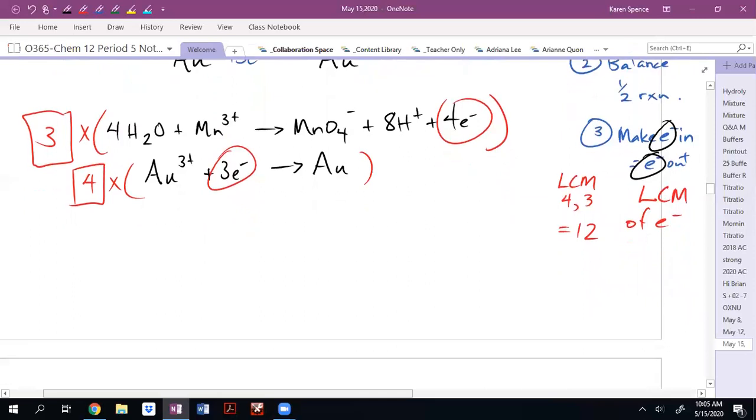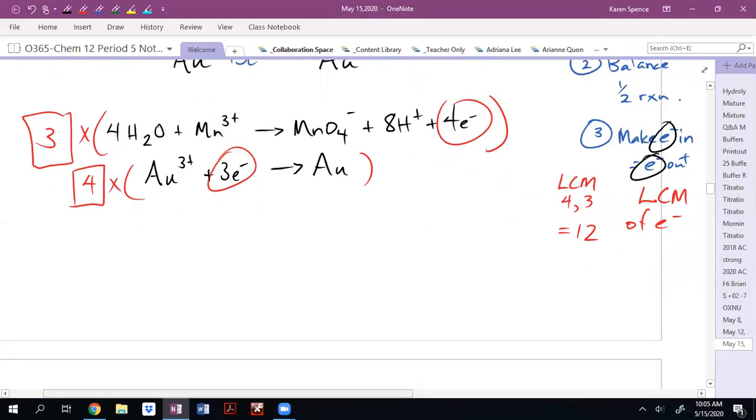Okay, and now I am going to multiply it out. I put my finger on the 3, and then on the 4, and I say 3 times 4 is 12 H2O. You can't see my finger, but you can see me writing.